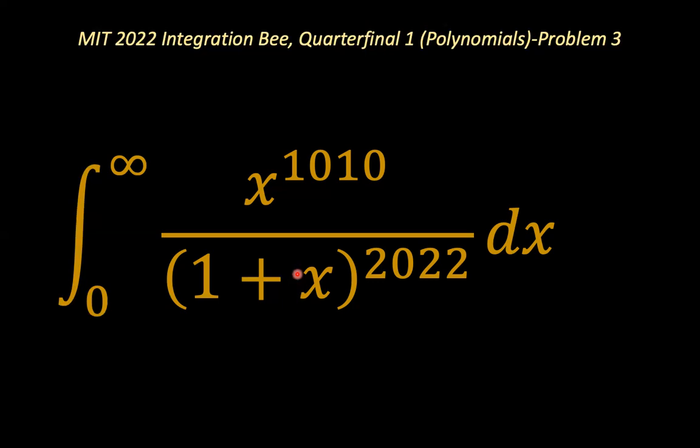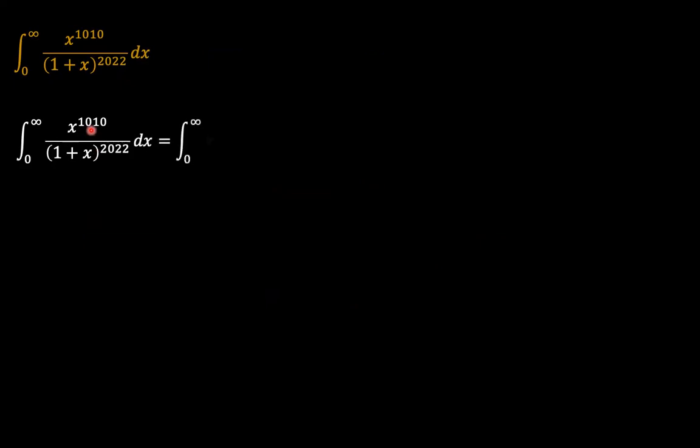So going forward into the solution, this problem is interesting. As we can see, the x to the power 1010 can be kept like that, and then we can re-express what is in the denominator as the derivative of negative 1 over 2021 times 1 over (1 plus x) to the power 2021.